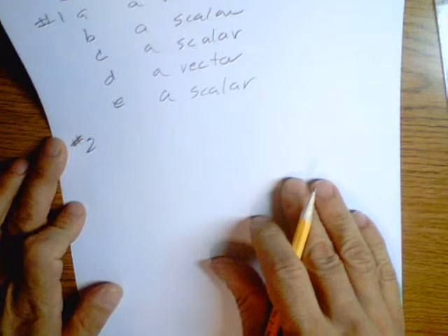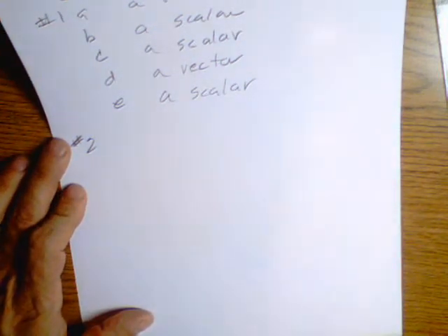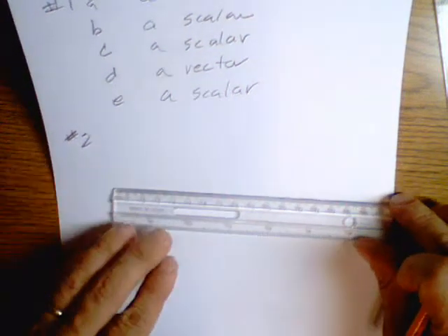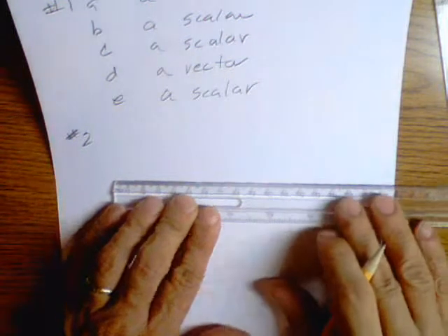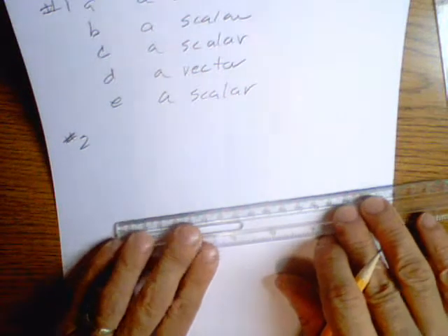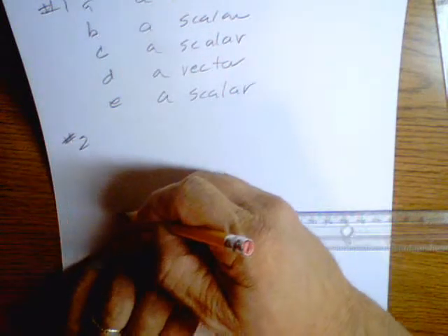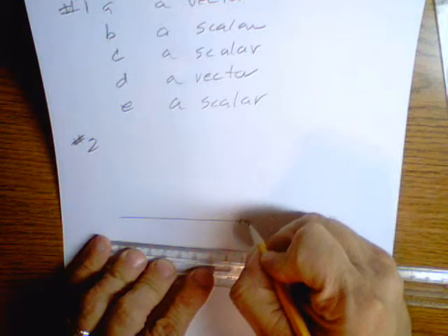Number 2, a roller coaster. Now we have a roller coaster, and we're meant to do this with our ruler because it clearly says use graphical technique. We're not going to use math. And this roller coaster goes 85, and I'm scaling this to centimeters.